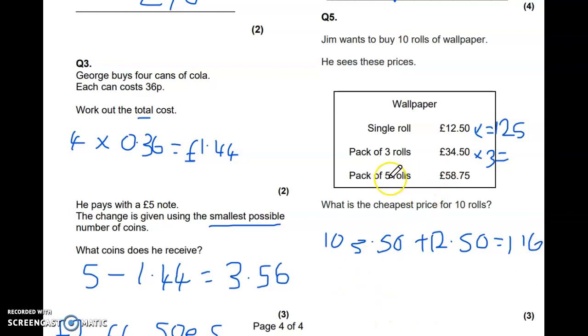Right, so if you bought a pack of 5, you just need 2 of those. So times that by 2. So 58.75 times by 2 gives us £117.50. So actually the cheapest way of doing it would be to buy 3 packs of 3, to get to 9.